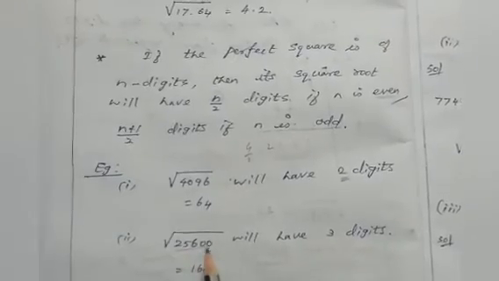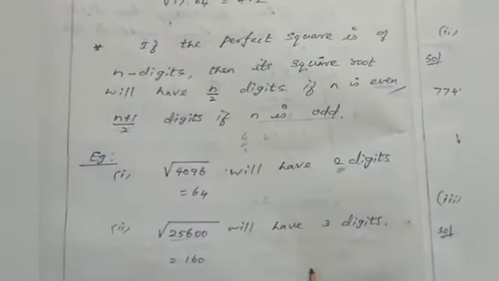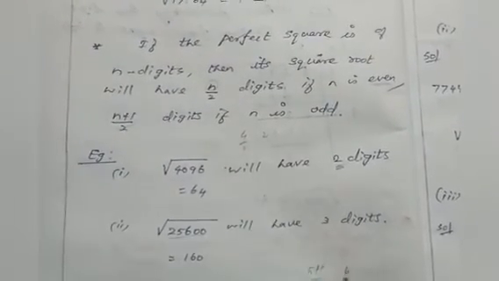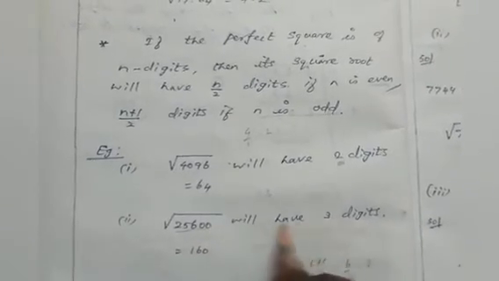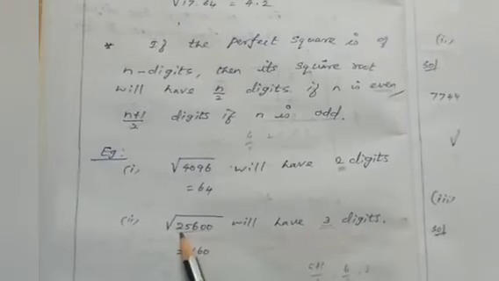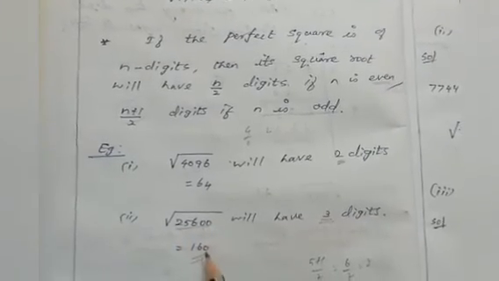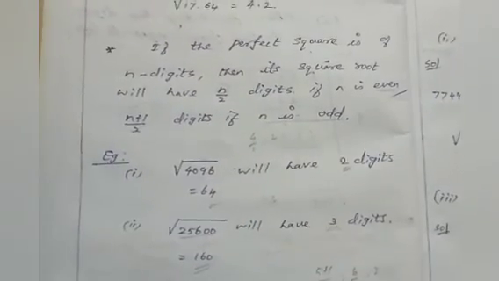Here there are 5 digits, and 5 is odd, so (n plus 1) divided by 2: 5 plus 1 is 6, 6 by 2 is 3. So we will have 3 digits. The square root of 25,600 is 160, and the square root of 4096 is 64.